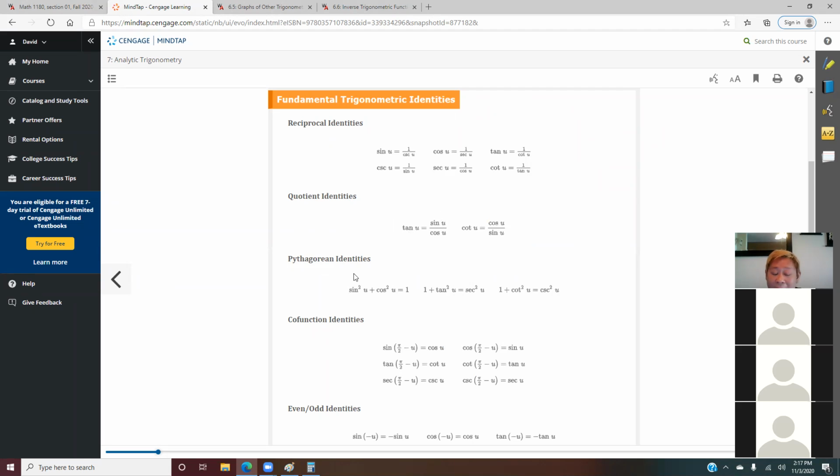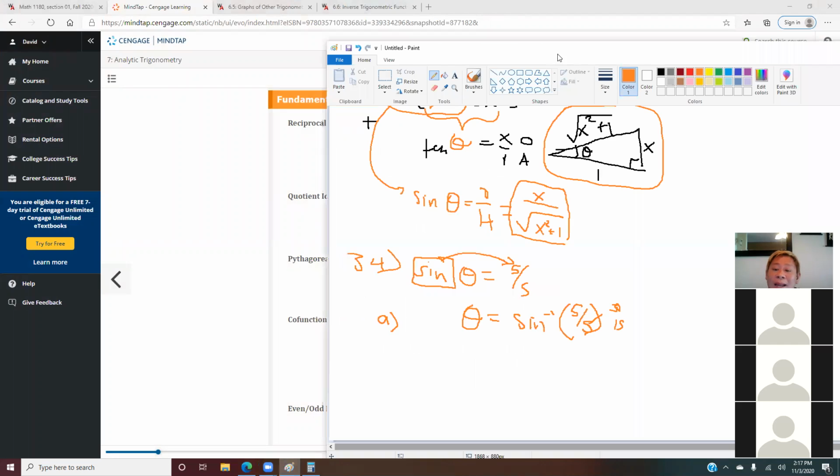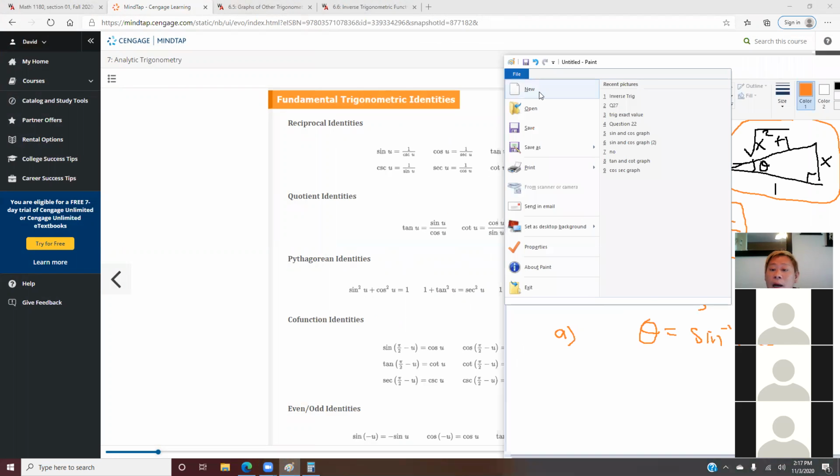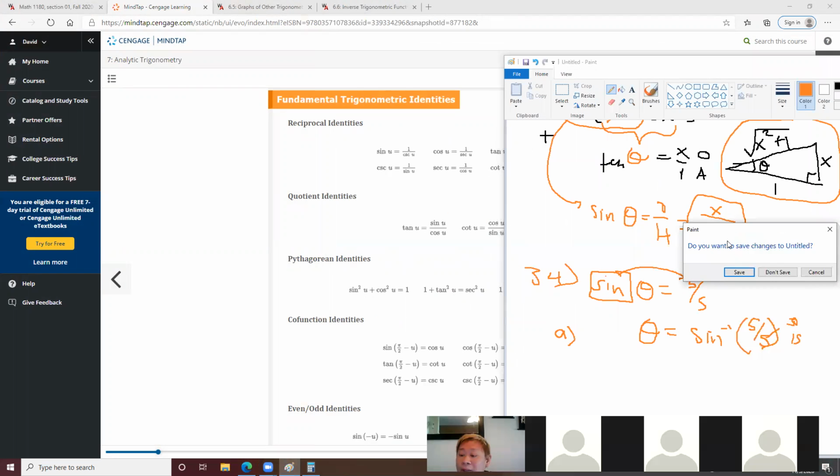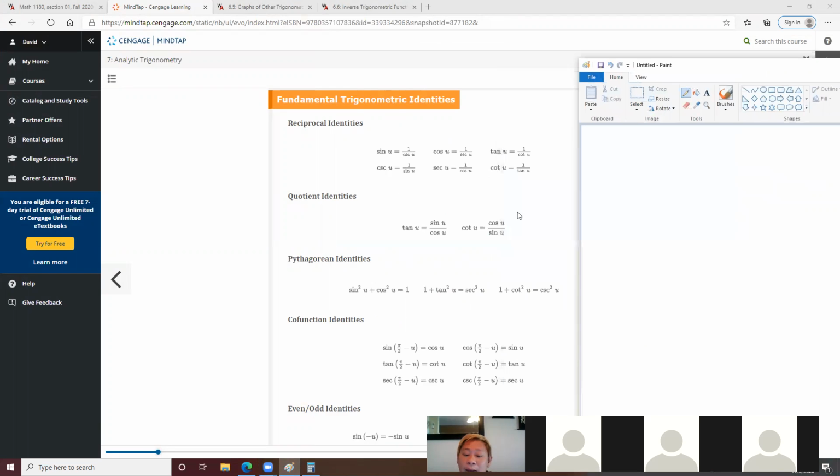And then there is the Pythagorean identity. Pythagorean identity looks like a squared plus b squared equals c squared, which is sine squared plus cosine squared equals 1. And then this Pythagorean identity comes with two others. How do we get the other two identities? We just divide.